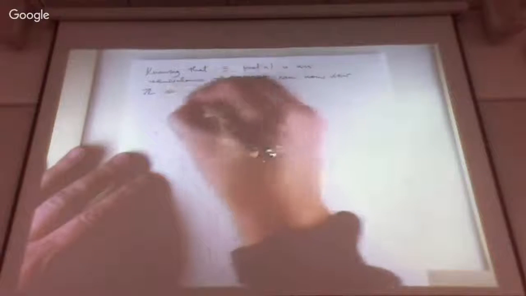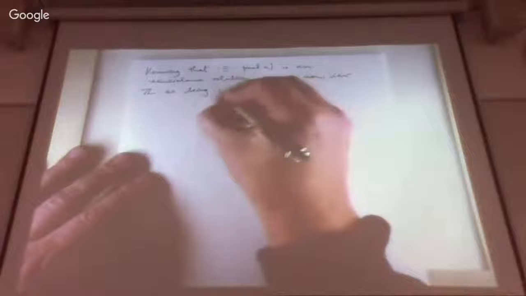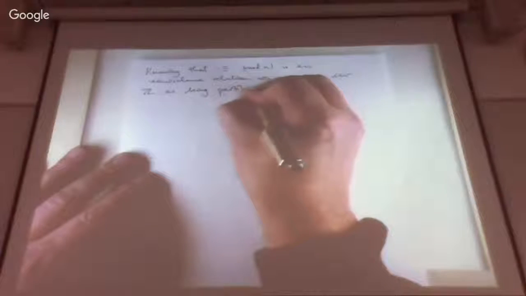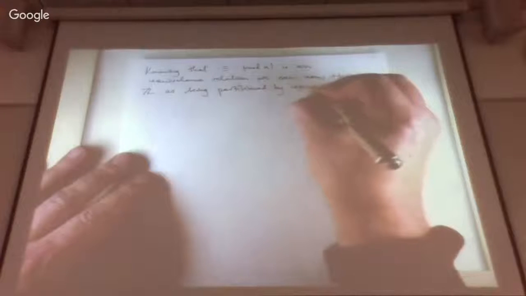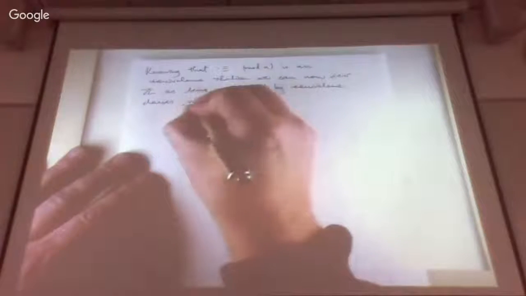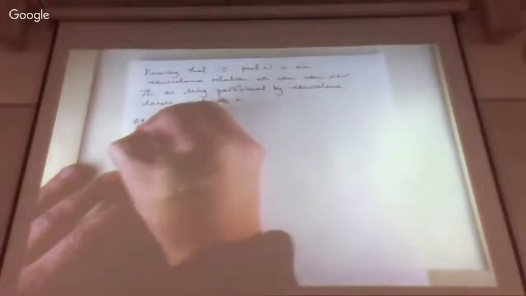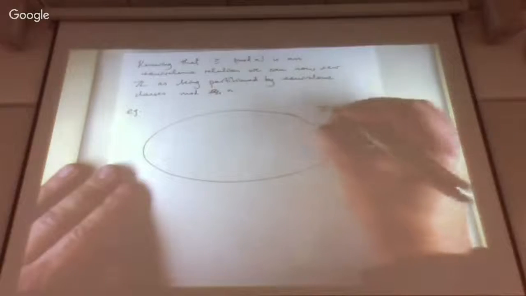So we can now view the integer set as being partitioned by the equivalence classes modulo n.